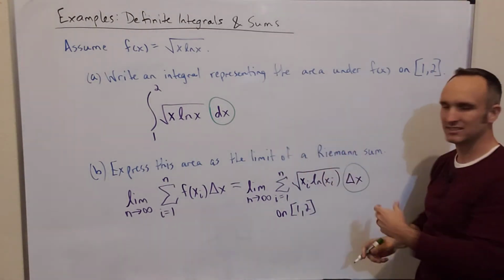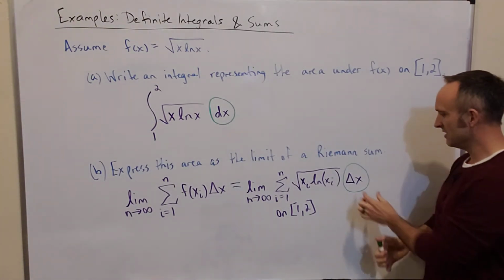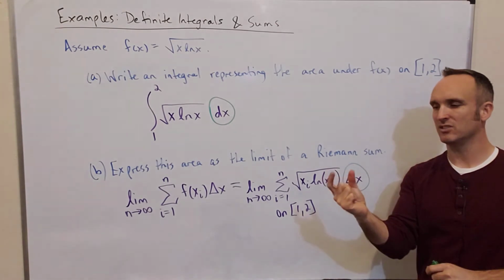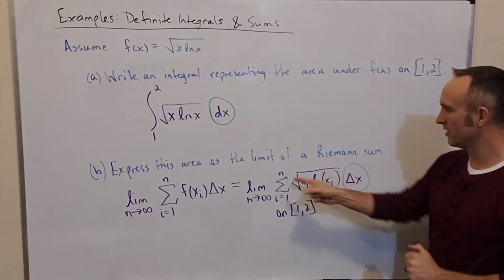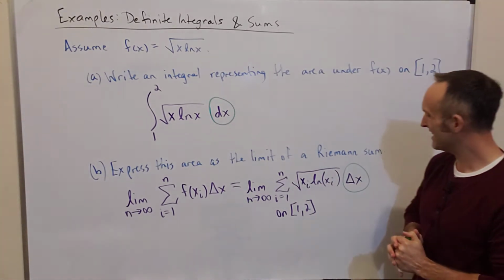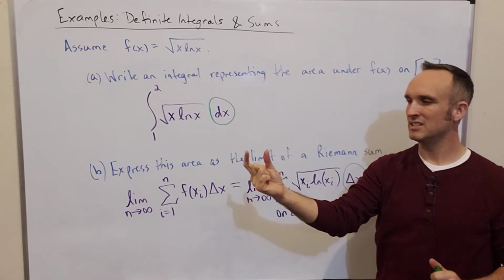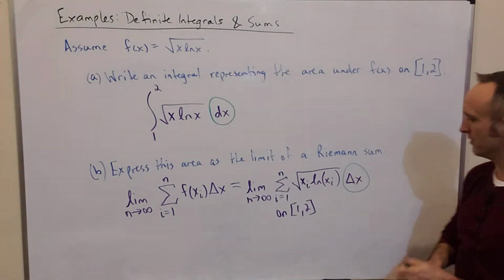Delta x actually has an established width, based on how many rectangles you cut your area into. dx is when you have an infinite number of rectangles. dx is an infinitely thin version of this.